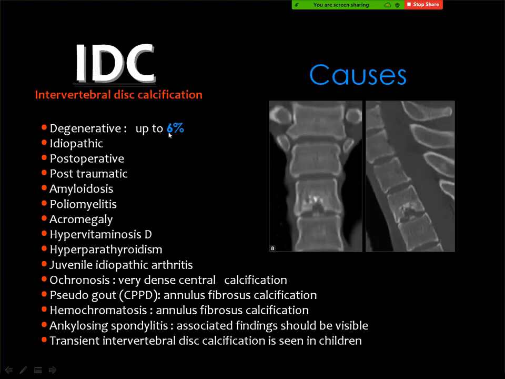And here are the causes provided by the literature for calcified disc. Number one, degenerative, sometimes idiopathic, post-operative, post-traumatic, amyloidosis, poliomyelitis, acromegaly, hypervitaminosis D, hyperparathyroidism, juvenile idiopathic arthritis, ochronosis, pseudogout, hemochromatosis, ankylosing spondylitis, and transient intervertebral disc calcification seen in children.